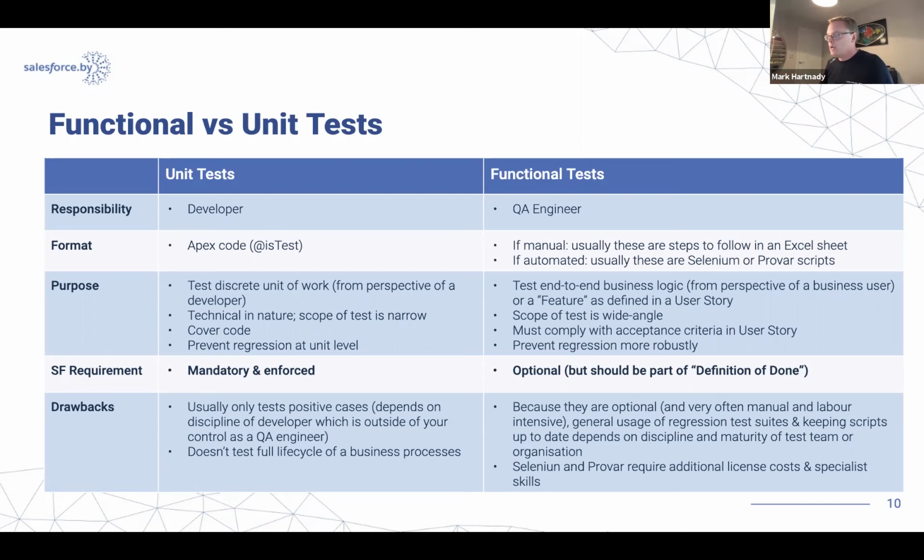Okay, and so while regression tests, at least from my perspective, if done well, provide better protection against regression than unit tests do, because they're optional, you don't always find them there, and so they can't be relied on for releases.